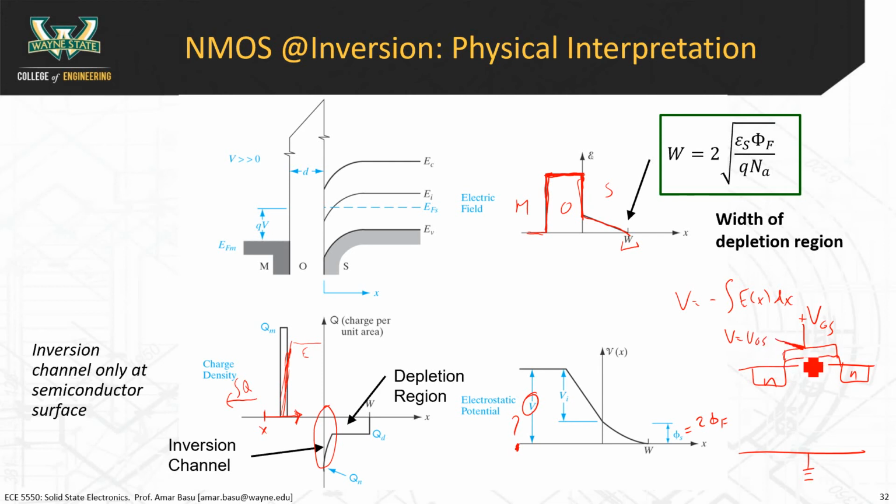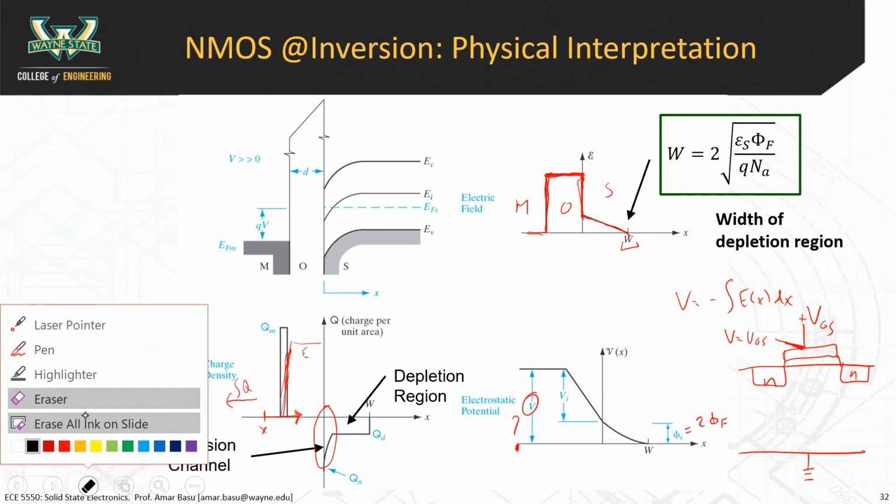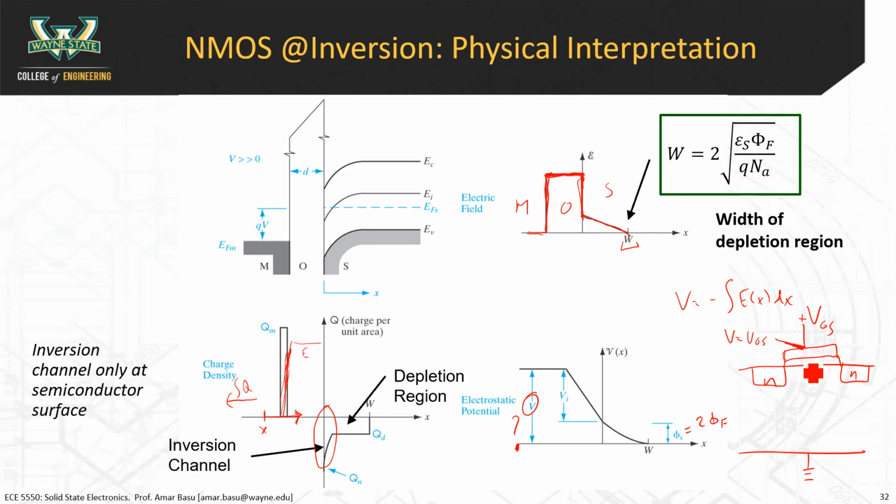In here, the voltage is going to drop. There's going to be some voltage drop across the, oh, I'm sorry, I didn't draw that right. The voltage drop occurs across the oxide, so let's draw that. So the oxide here.